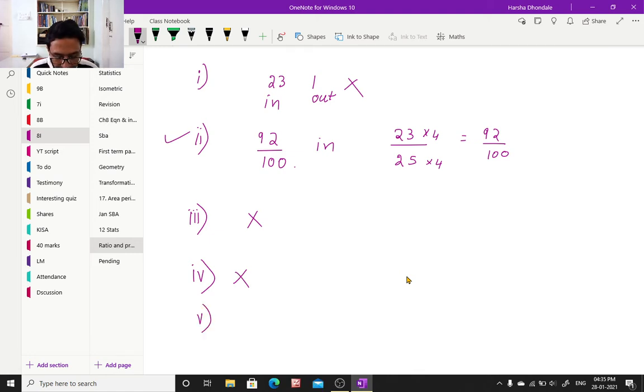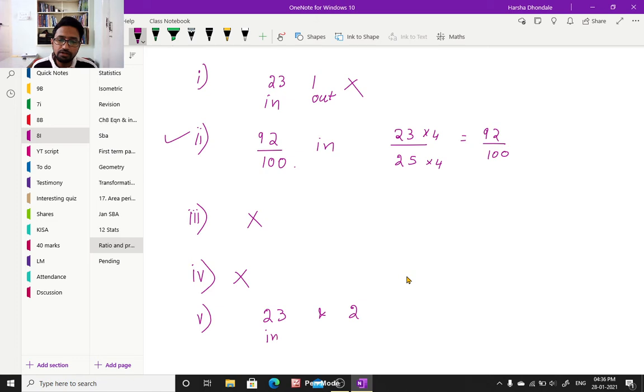Fifth one, he hit 69 serves in and 6 serves out. Originally, 23 serves were in and 2 serves were out.